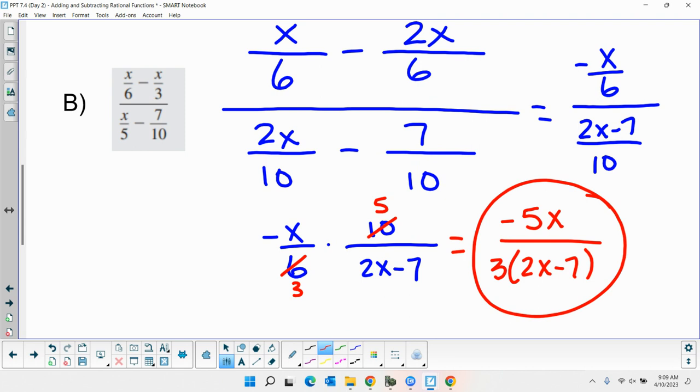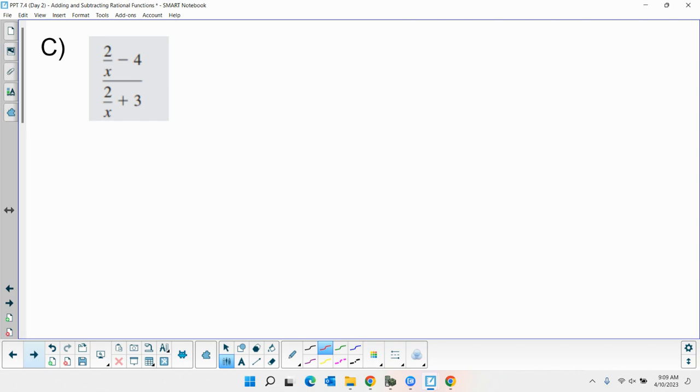And what some of you did on that last one was you tried to cancel stuff when they were both in the bottom. You had an x plus 2 in both bottoms after you simplified and you tried to cancel it. Right? You can't do that. You got to have one in the top, one in the bottom.